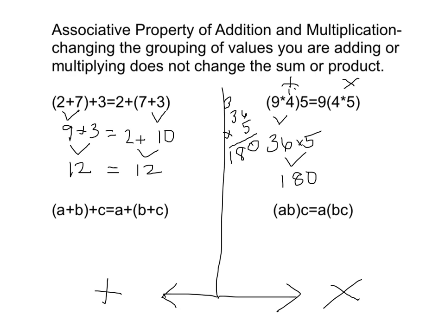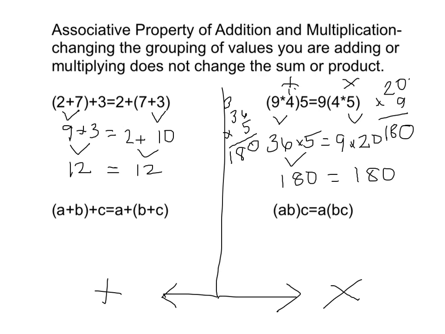Then if I go over here and I do 4 times 5 first, I would get 20 times 9. Let's make sure. 20 times 9. 9 times 0 is 0. 2 times 9 is 18, so 180. 180 equals 180.